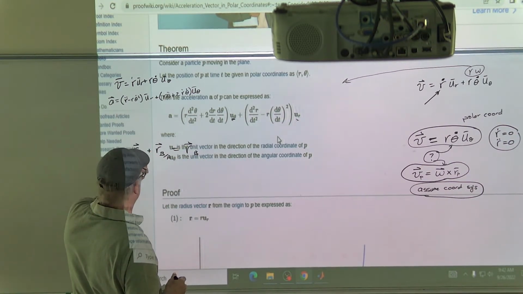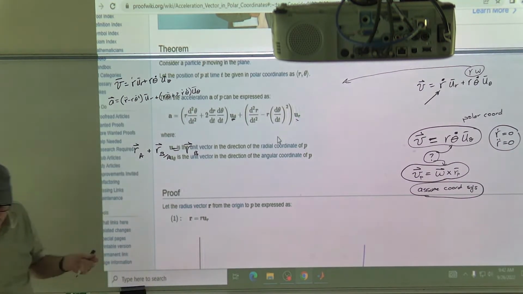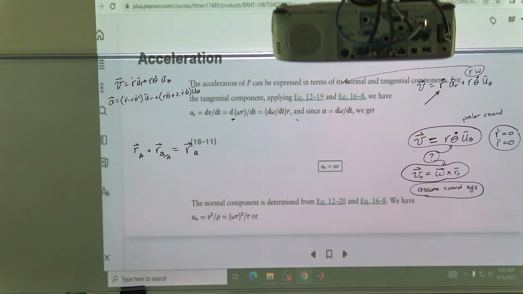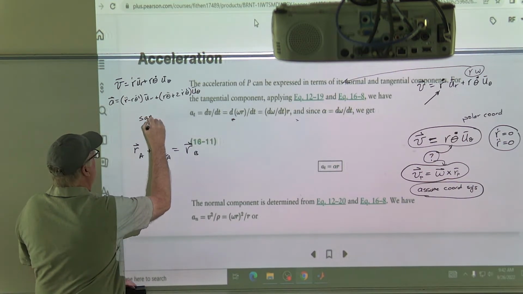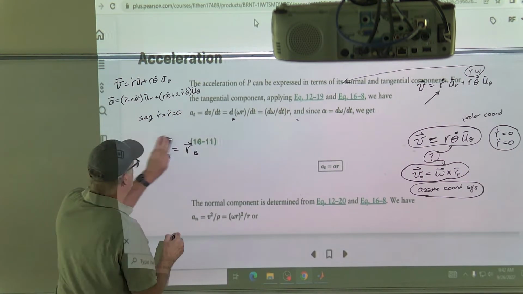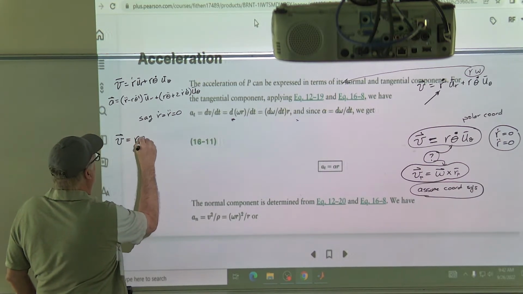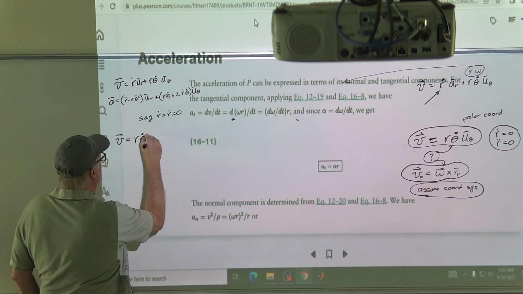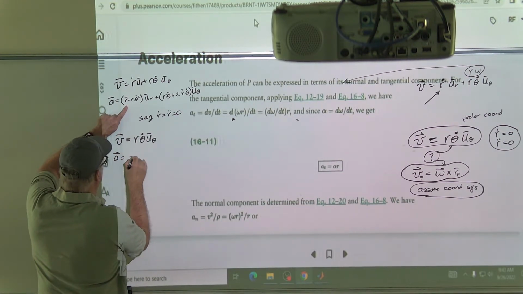So I've just borrowed that from that guy; I don't want to have to memorize that. When I have to produce it, I'll go back and derive it, and I don't want to waste your time. Again, if I say R dot equals R double dot equals 0, these two equations will give me this: R theta dot U theta, and in the accelerations, that one's gone.